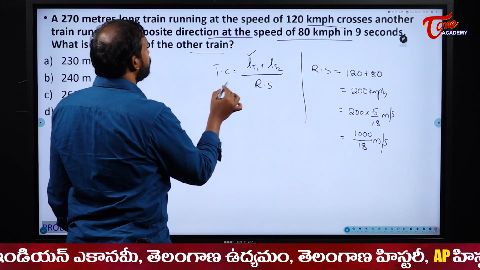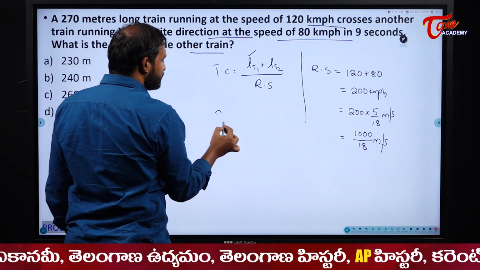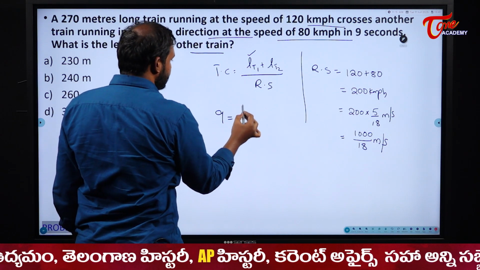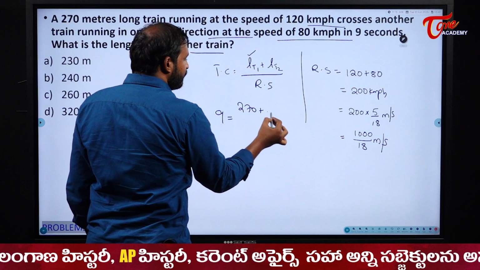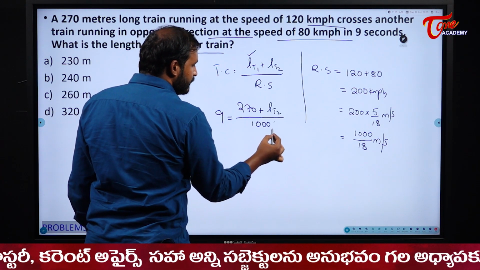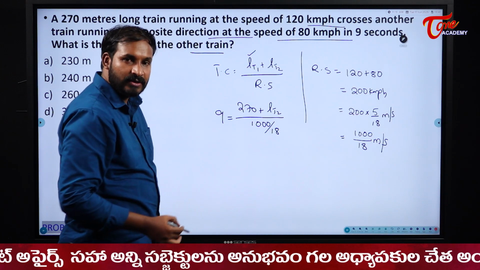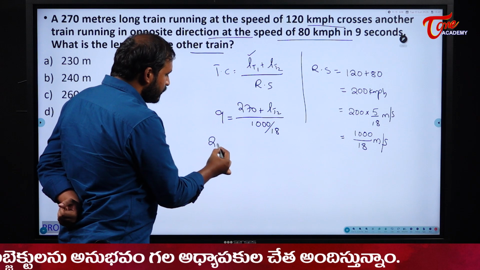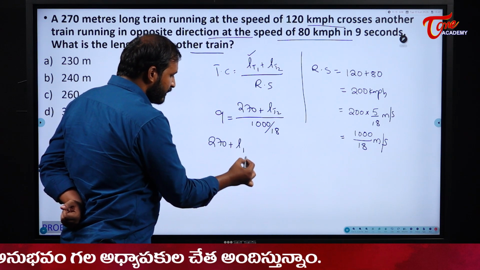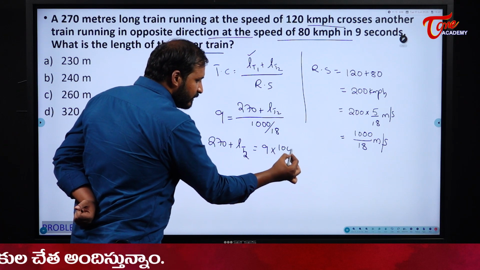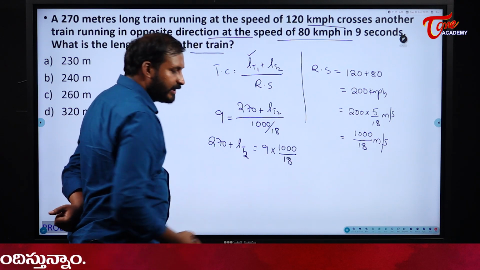So now, time taken to cross. In what time is it crossing? 9 seconds. By length of train 1, which is how much? 270 meters. Plus we need to find the length of train 2, by relative speed, which is what here? 1000 by 18. So when I send this 1000 by 18 to this side, it will become what? 270 plus length of train 2 is equal to 9 into 1000 by 18.